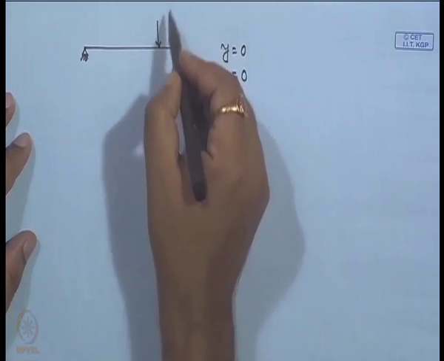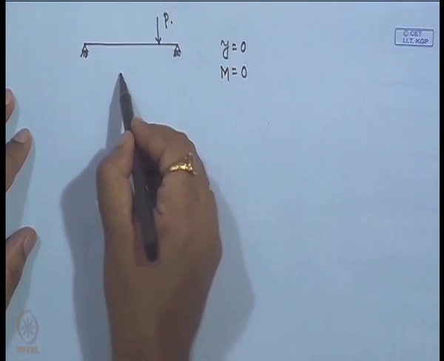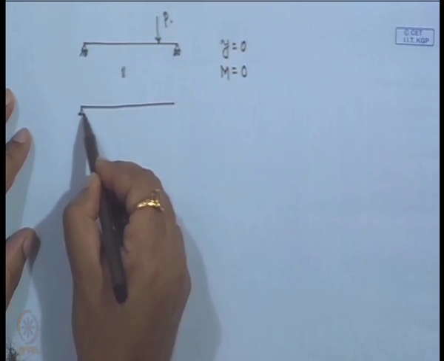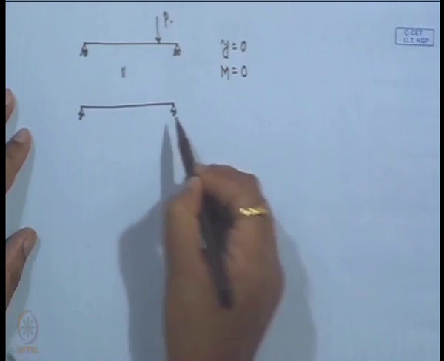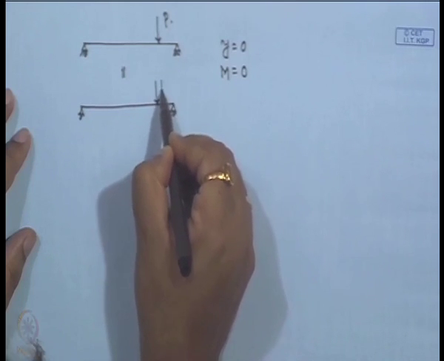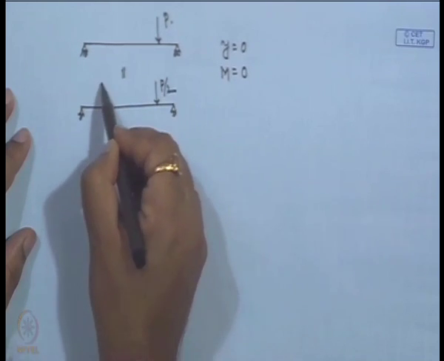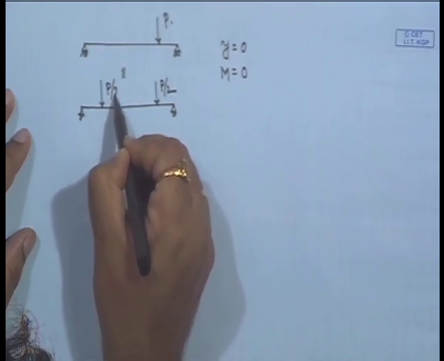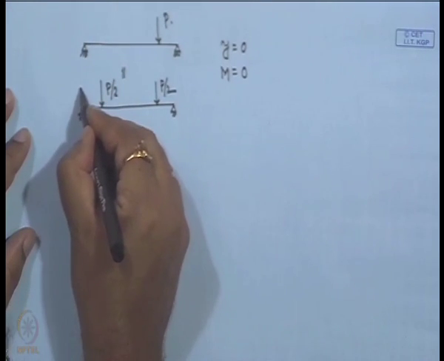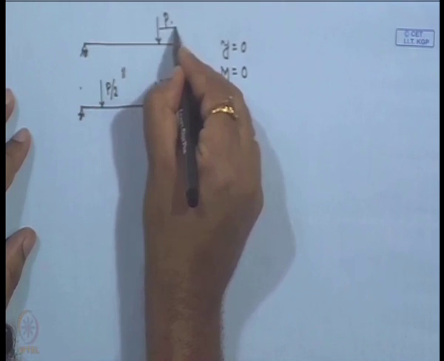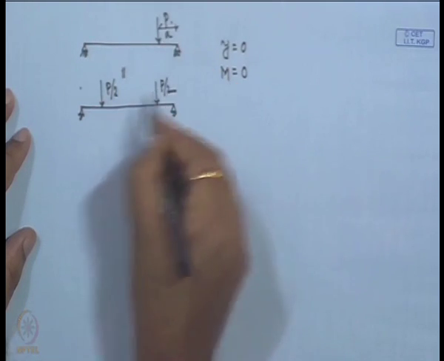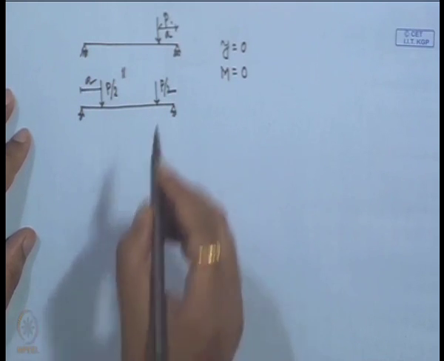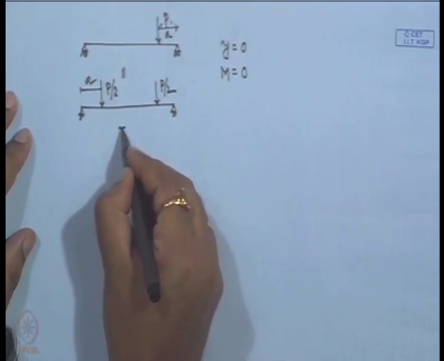In this condition, if we apply P, then we can convert this into two parts. One is symmetric loading. Suppose this is P by 2, and similarly from the same distance on this side, that is also P by 2. So, this is at some distance A, and this will also be A. So, that is symmetric.